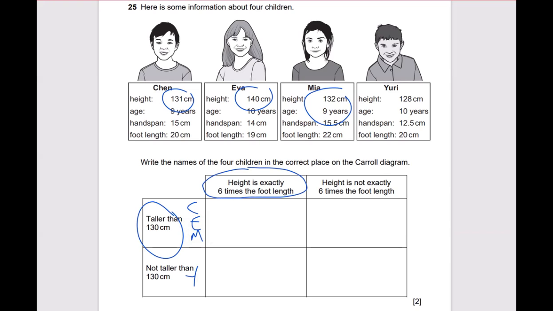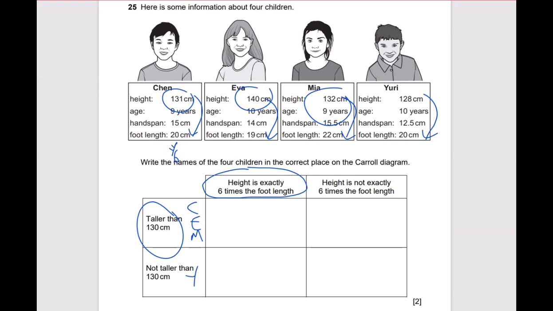So height, foot length: this one 20, 19, this one, and this one. 6 times. So 20 times 6 is 120. So this is not exactly.